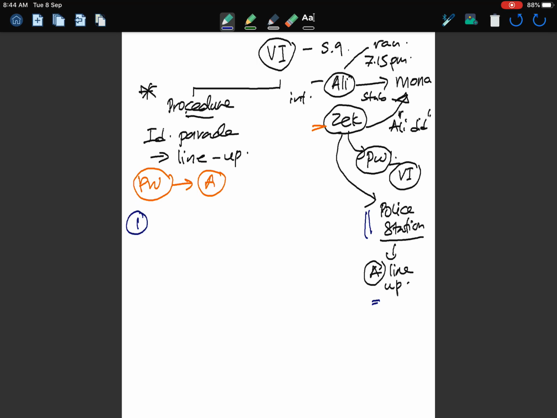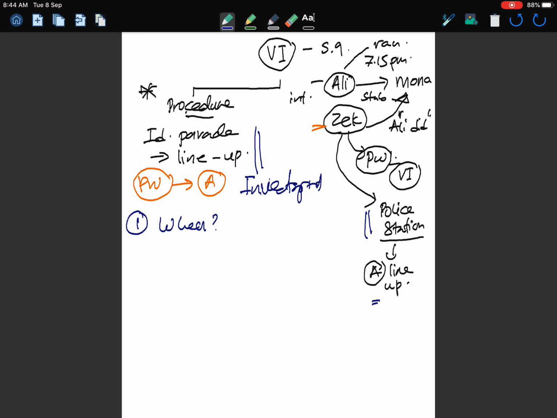Now, when you talk about number one, you have Zack here being called to the police station to identify the accused person in a line-up. Now, the first issue that you have to ask is, when do you think there is a need for the police to conduct an identification parade?